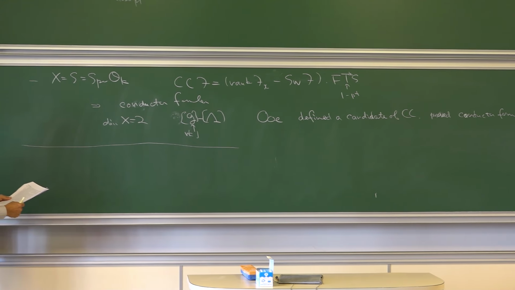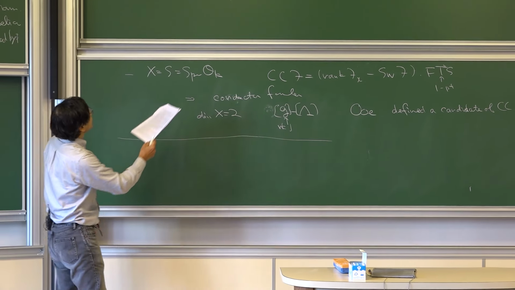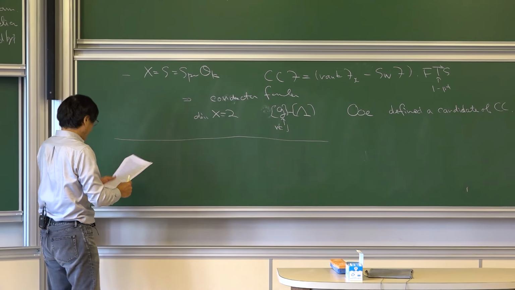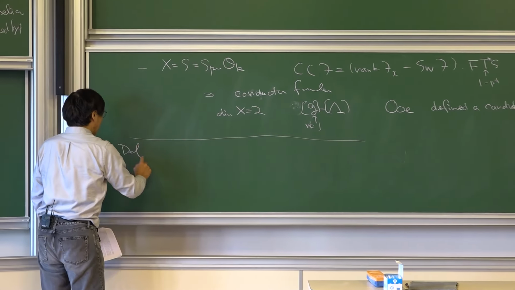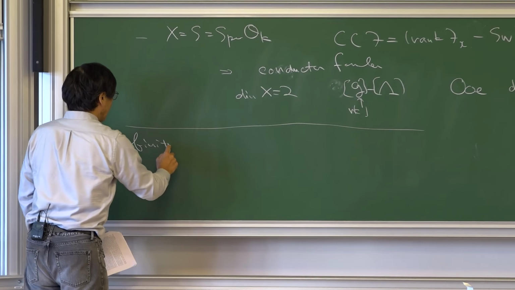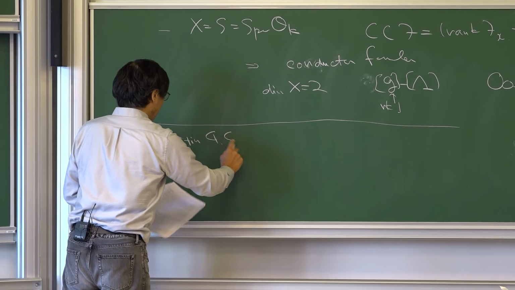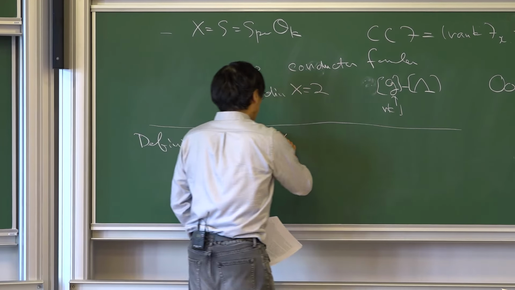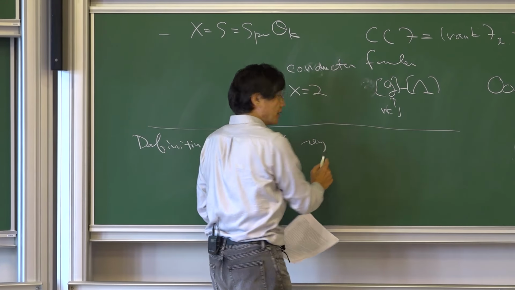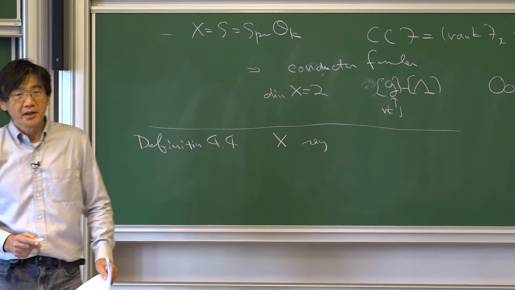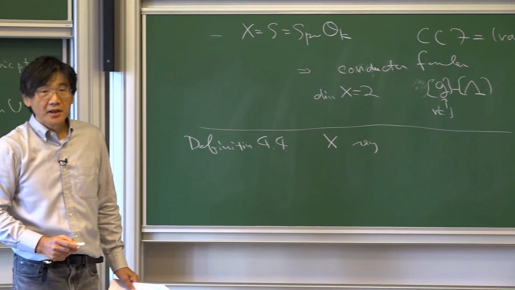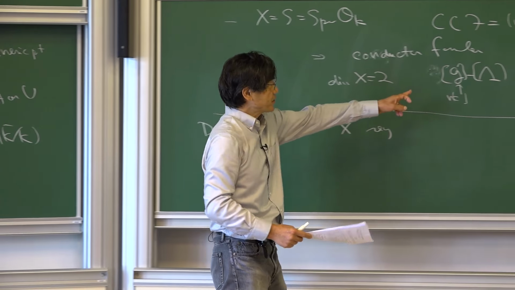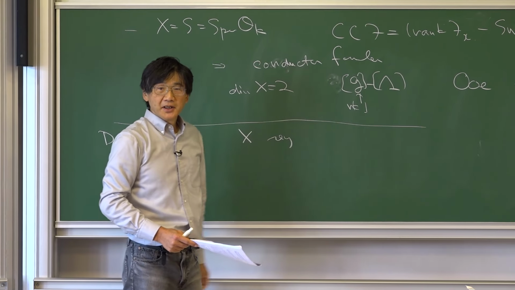Okay, now I said that I need to introduce a real version, so let me continue. So real version, X as before, X regular. Doesn't this conductor formula include Bloch's conductor formula? No, because we have this quotient sheaf.